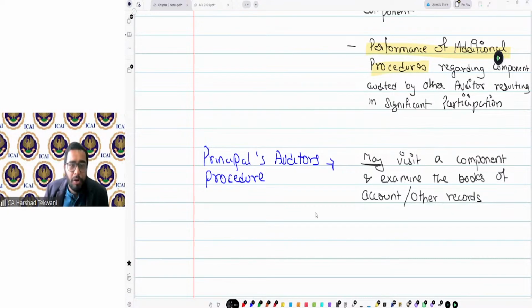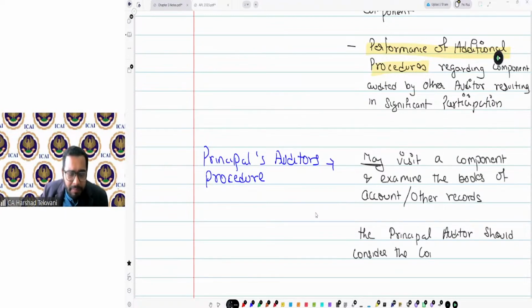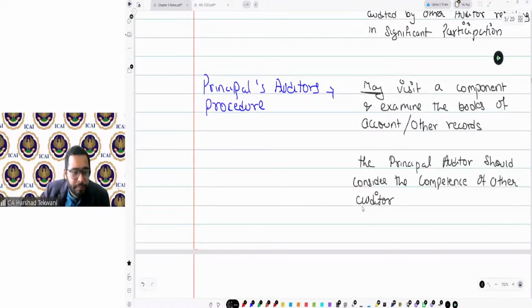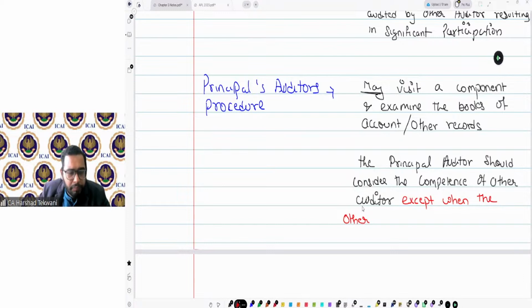Then, before accepting any work performed by the component auditor, we saw that the principal auditor should consider the competency, or professional competency, of the other auditor, except when the other auditor is a member of the institute.